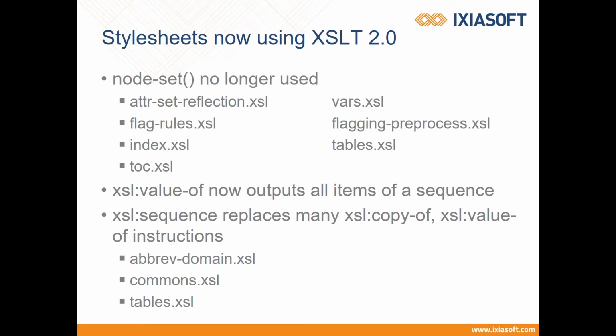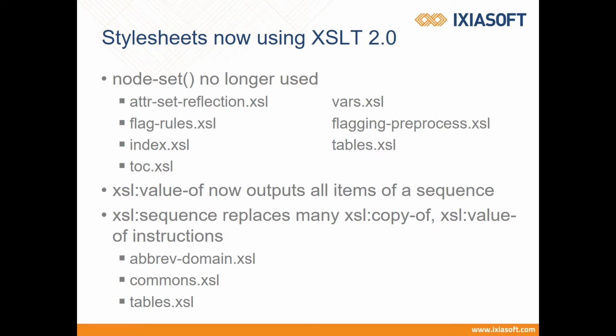All of the style sheets are now using XSLT 2.0. They sort of did before, but now they really all do. And what that means is there are a couple of things that aren't used anymore, like node set, and you'll find that in the files I listed there. The XSL sequence replaces many of the XSL copy of and XSL value of instructions.